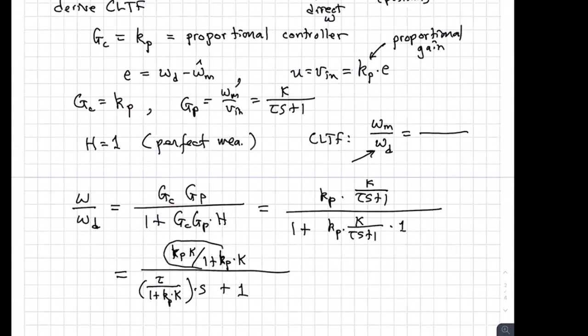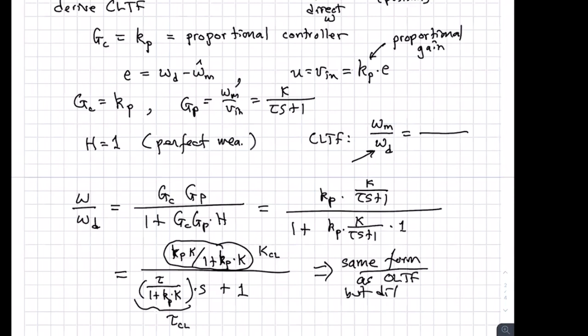So look at the term up here, that's just the constant. This term right here, I like to call a new tau, the closed loop tau. And you can call this the closed loop K. So it's the same form as the open loop transfer function after adding proportional control, but with a different K and tau. The tau changes.